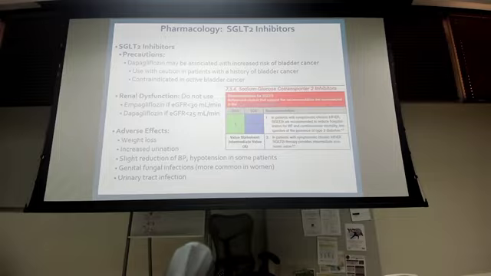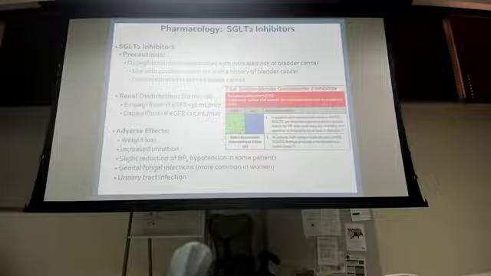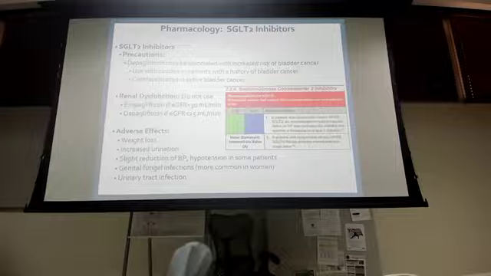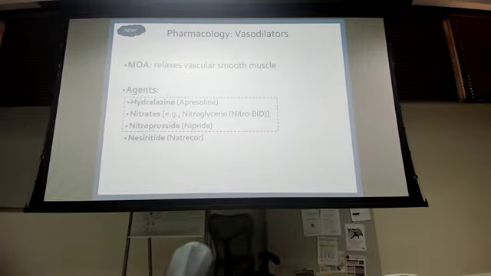There's been some studies that have shown an increase in bladder cancer from the DAPA. So basically, if your patient has active bladder cancer, I would not put them on this medication. Genital infections, weight loss with heart failure, and they're on an SGLT-2 inhibitor, that's your culprit. Kind of stands out. We haven't really talked about anything else that does those things.